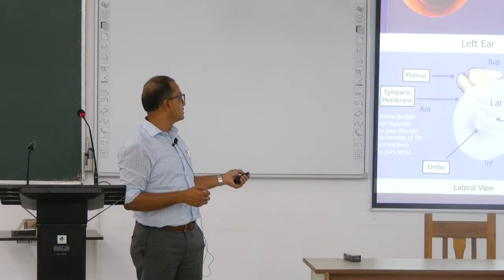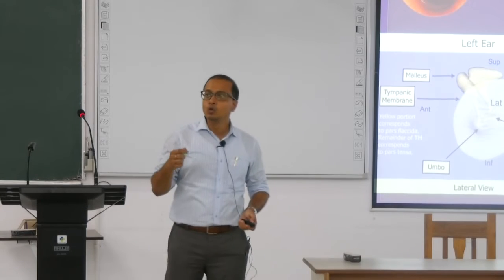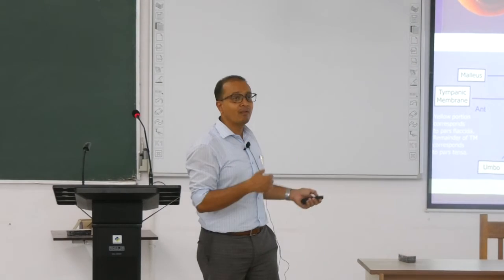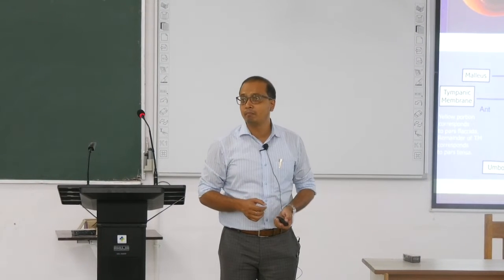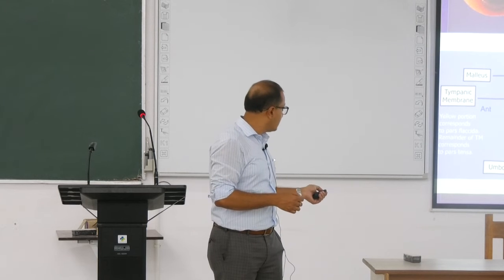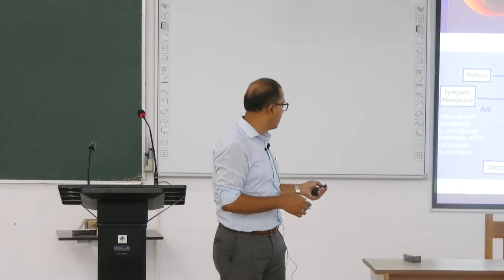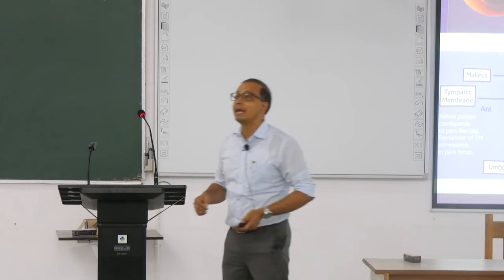So this small narrow area which is lying on top, which is a little bit loose and slack, that part of the tympanic membrane is flaccid. We call it the flaccid part of the tympanic membrane. Whereas the rest of the tympanic membrane, which is 97 to 99% and is tightly fitted, we call the pars tensa.